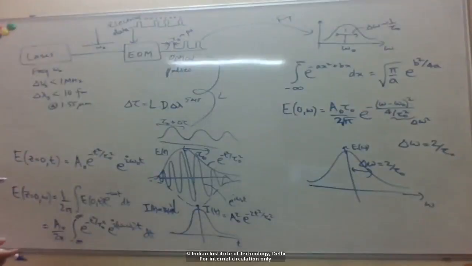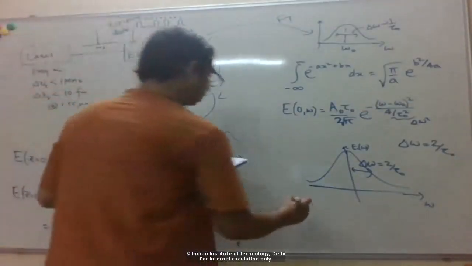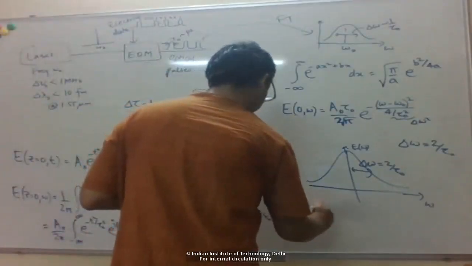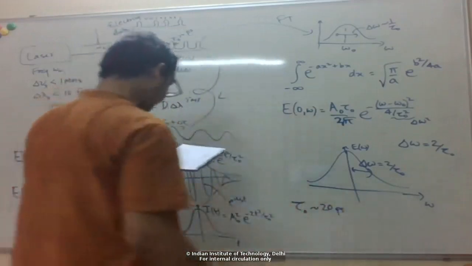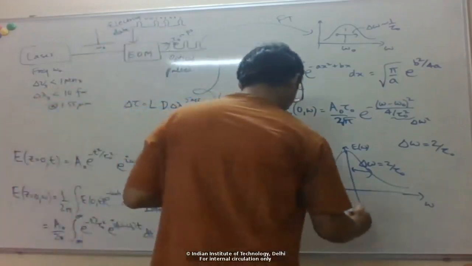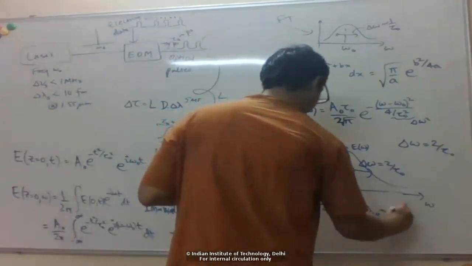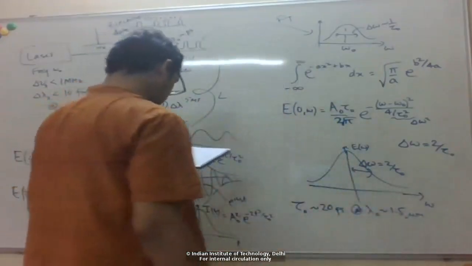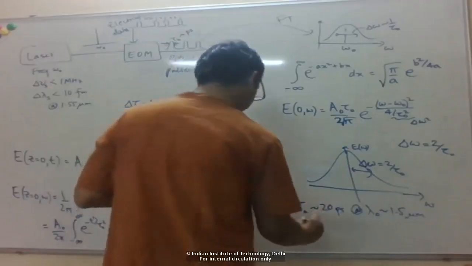Okay, so let's look at some practical numbers. Typically tau naught is usually tens of picoseconds. So let's say tau naught is 20 picosecond at a wavelength of 1.5 micron. So 20 picosecond means, like, the bit rate.